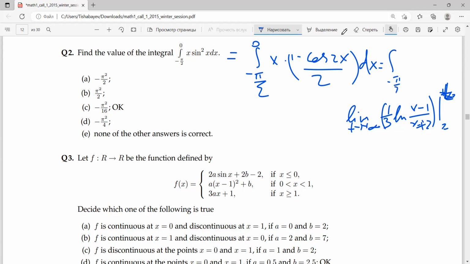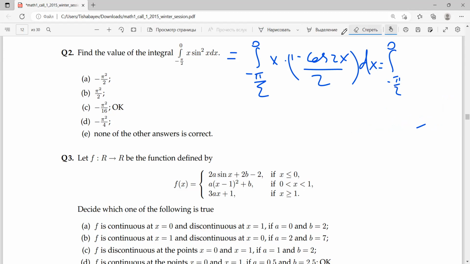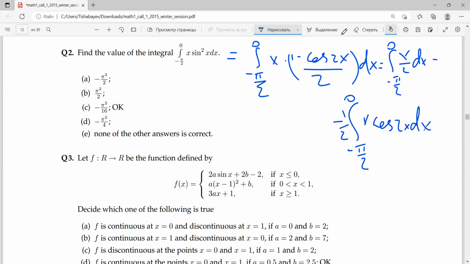Integral from minus pi over 2 to 0 of x over 2 dx minus integral from minus pi over 2 till 0 of x times 1 over 2, x cosine 2x dx.